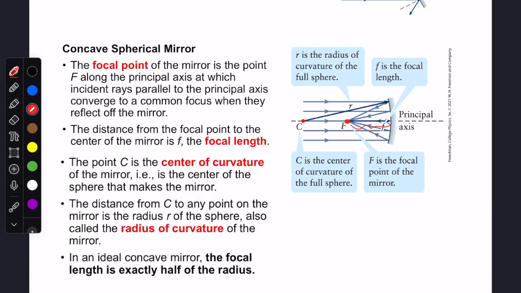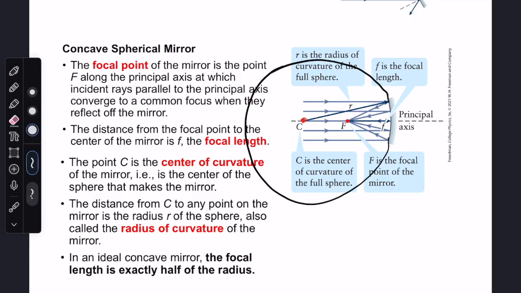The center of curvature is another point on the principal axis. It's right here, and it has to do with the geometry of that mirror. If we take that spherical mirror and turn it into a sphere, the center of curvature will be the center of that sphere. So the distance from the center of curvature to the mirror is the radius of the sphere.